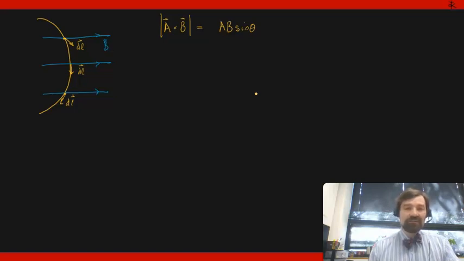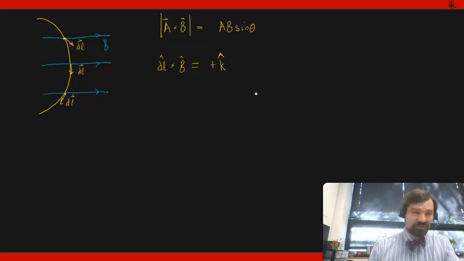In fact, if we wanted to do just dL hat cross B hat, for any choice of dL along here, what we end up getting is the positive k hat direction. So in other words, my force on this side, although the magnitude is different at each point, the direction remains the same. And so we're basically just looking at what the magnitude is doing.